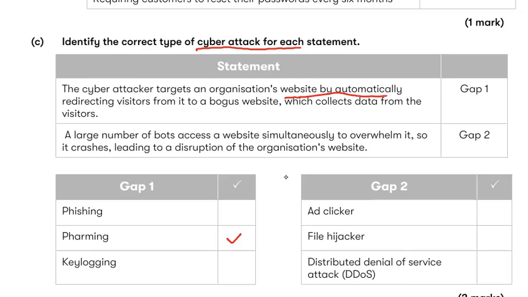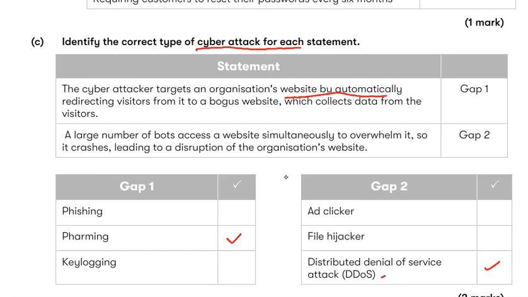The next one is a large number of bots hitting the organization's website simultaneously to overwhelm it, so it crashes, leading to disruption of the website. So we can say this is a distributed denial of service attack.